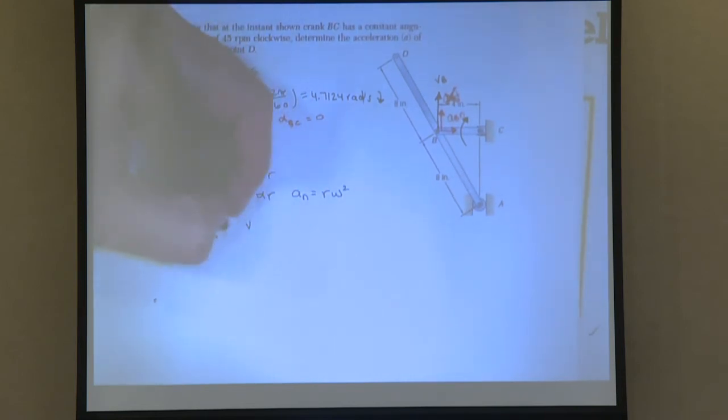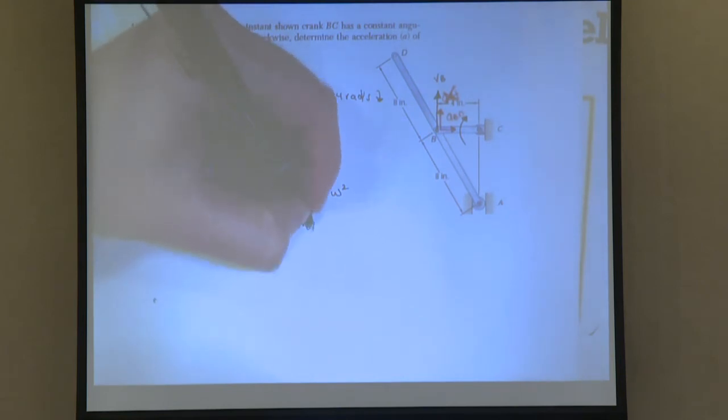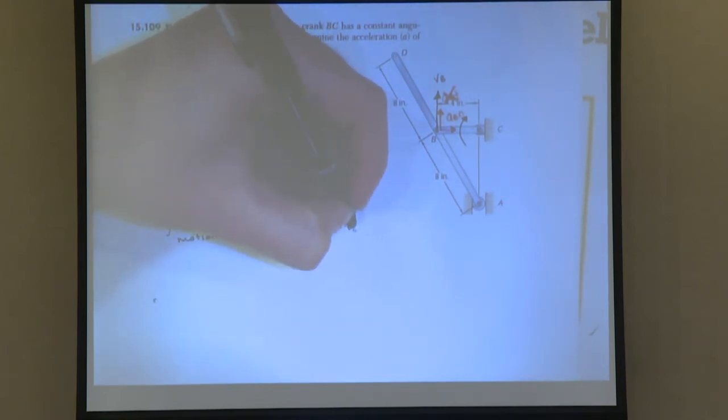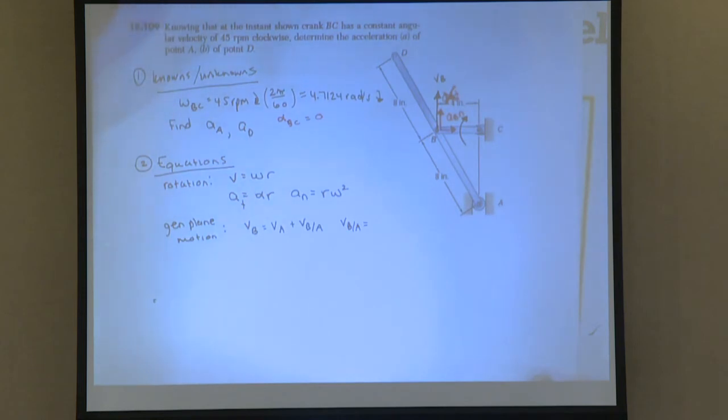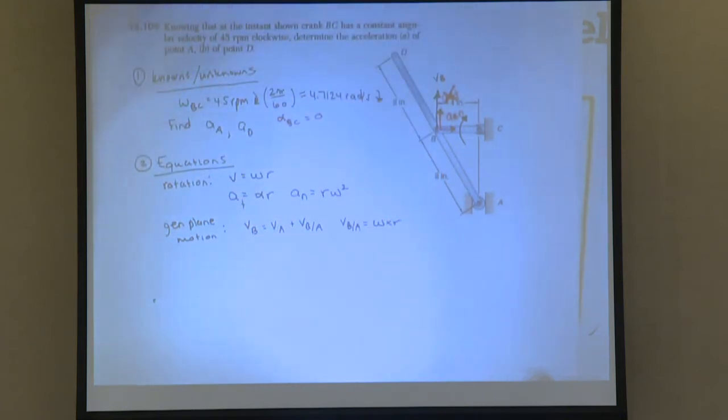So this is just a general equation. So VB equals VA plus what? VB relative to A. And what does VB relative to A equal? Is it omega cross R, or R omega? Everyone kind of remember that?